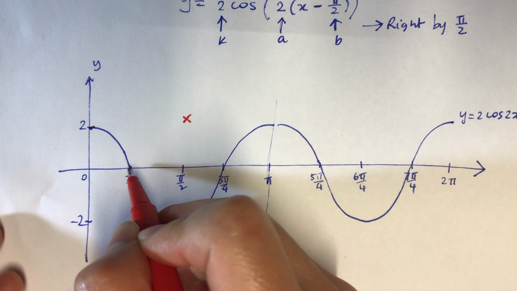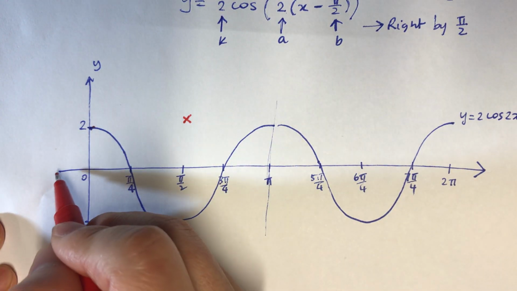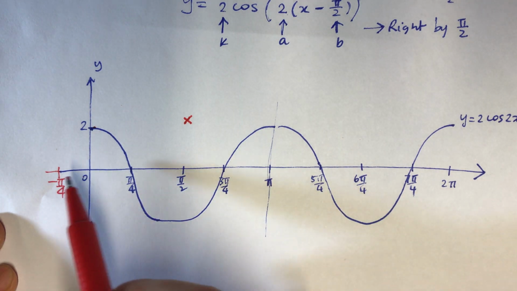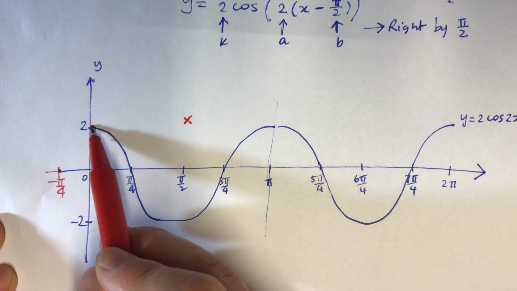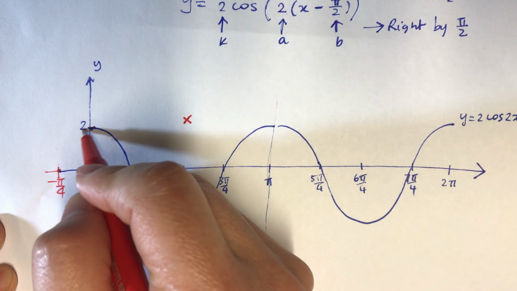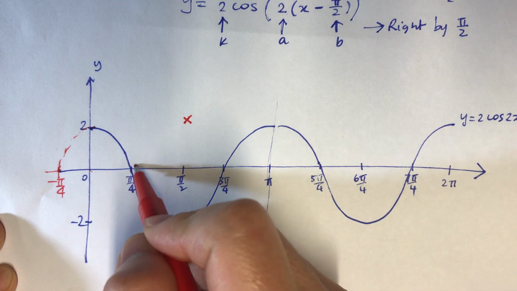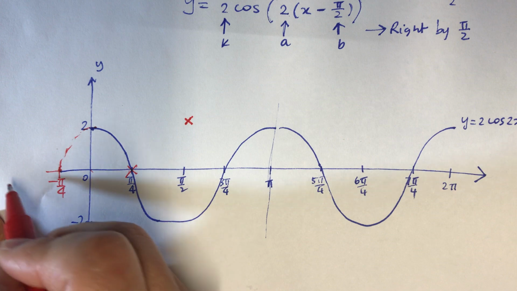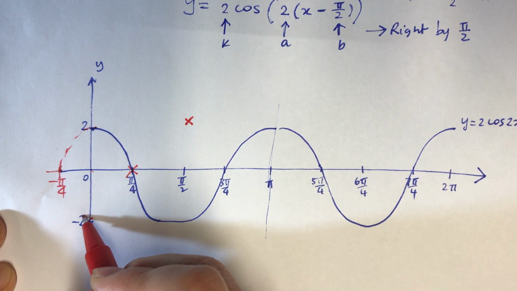And I have to think about this. Minus pi over 4. So what happens is that if we move this one from here, because it's going to go here, if it's going to move 90 to the right, it'll be here. Okay, and then same as the other one, moving 90 degrees will be here.